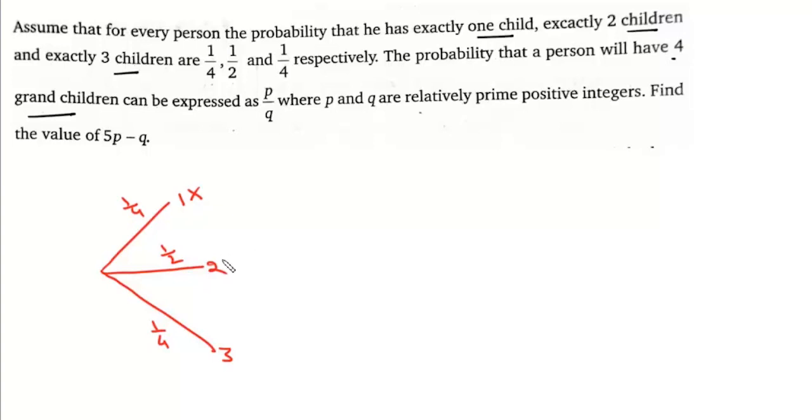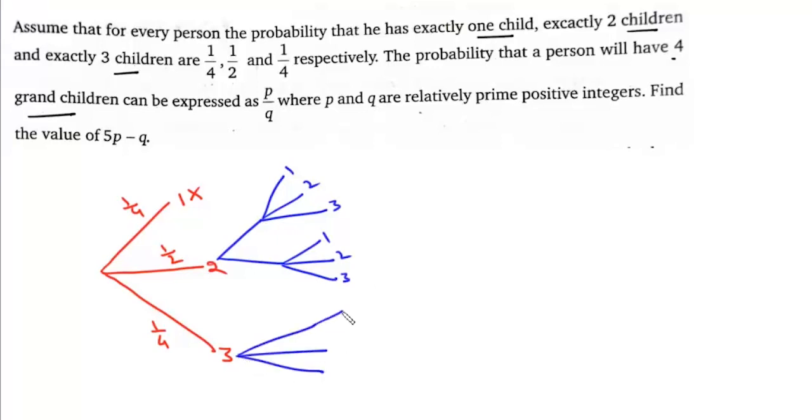So if he has 2 children, then each of these 2 children can have 1, 2 and 3 children. And in the same way, for 3 children also, each can have 1, 2 and 3.